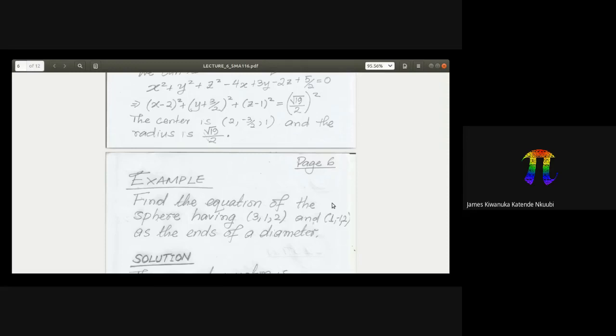So this is a diametric form of the sphere.